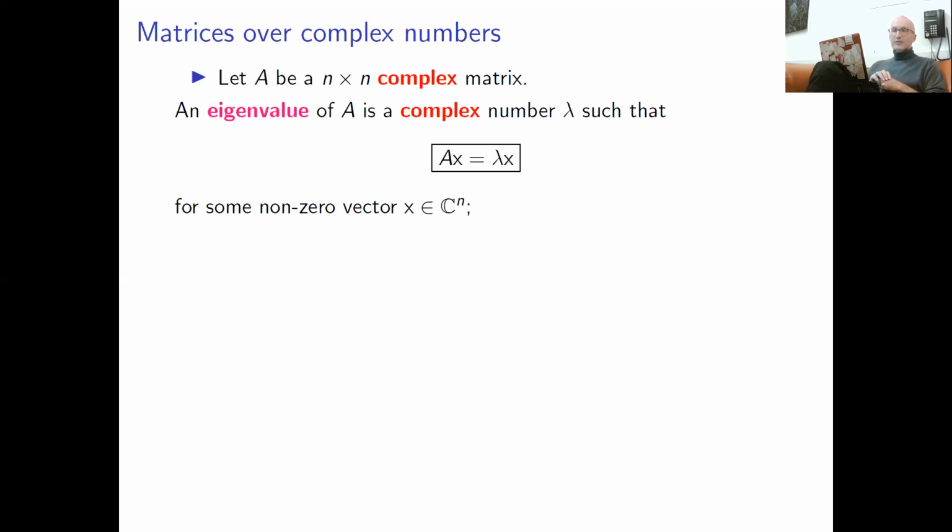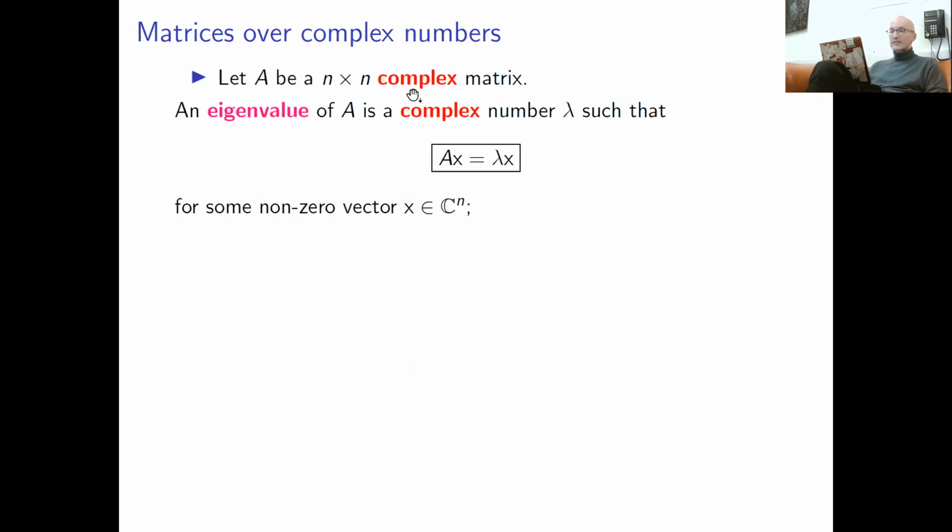So if it looks difficult, it's purely psychological difficulty. This is just because people usually are not used to complex numbers, but in reality, complex numbers are easier than real numbers. Everything we did for real matrices can be done for complex, but many results become simpler, actually much simpler.